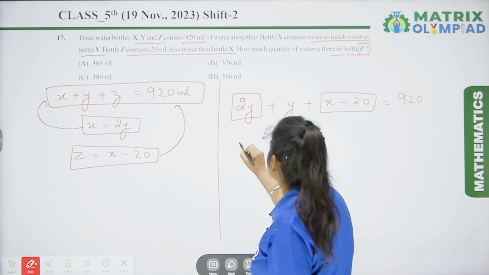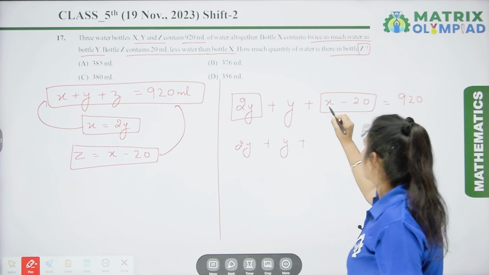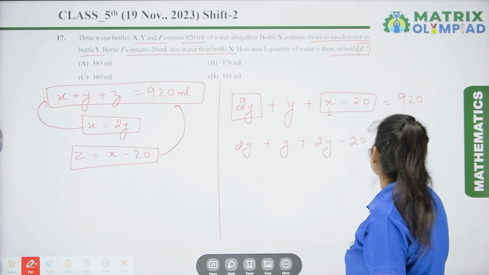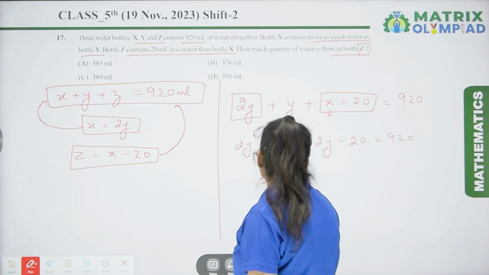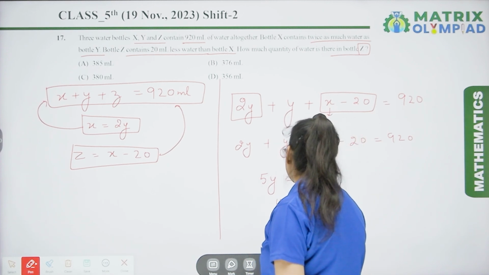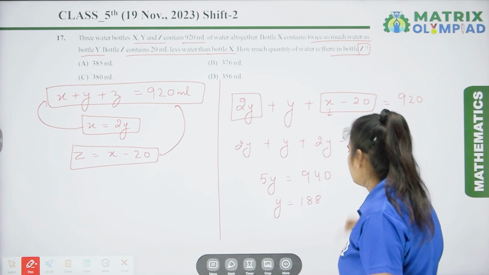So here also we can put 2Y in place of X. Now we get 5Y equal to 940. The value of Y is equal to 188.